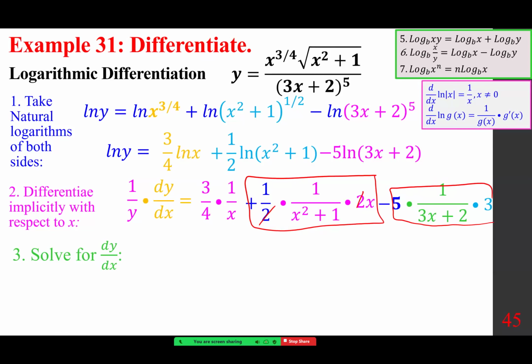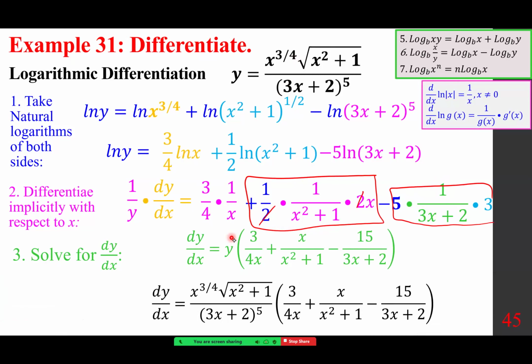This becomes minus 15 over 3x plus 2. Replace the y with the given function, and you're done. And this is as complicated as it gets, everybody. It is pretty complicated, as you can see, but that's fine.